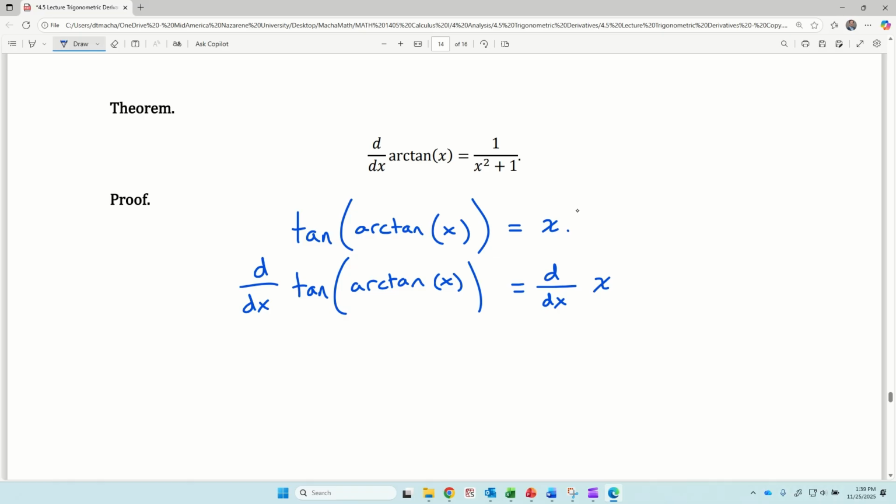On the left side, we'll need to use the derivative chain rule, which says first I take the derivative of the outside function, and the derivative of tangent is secant squared, while leaving the inside function alone. And then I multiply times the derivative of the inside function, which is the derivative of arctangent. And I don't know what the derivative of arctangent is yet, but I do know on the right side of the equation that the derivative of x with respect to x is 1.